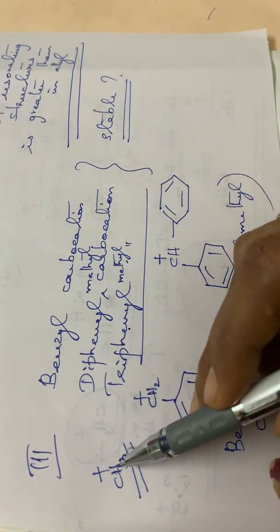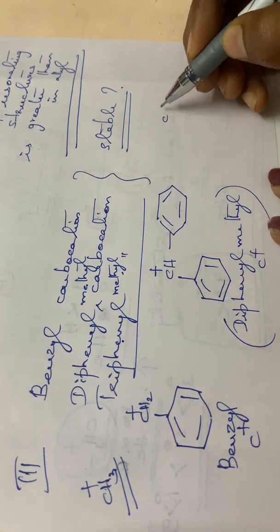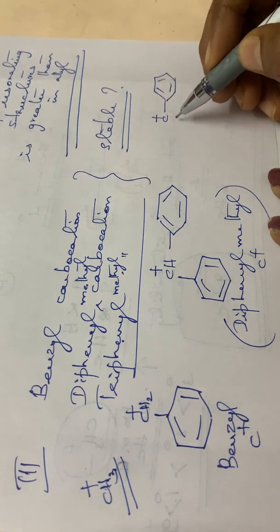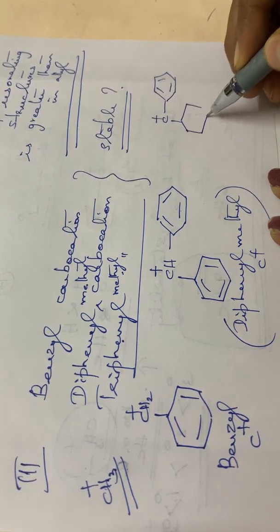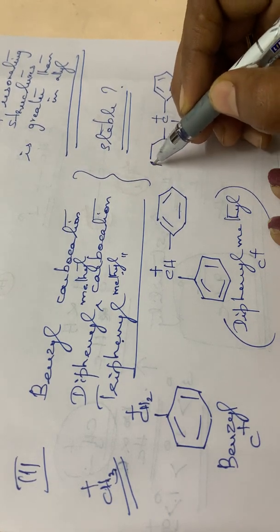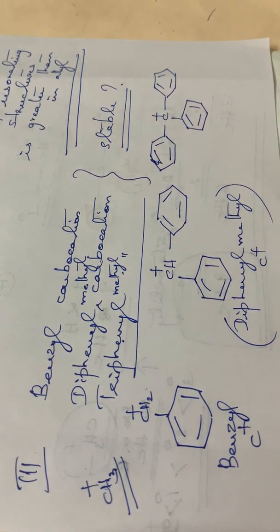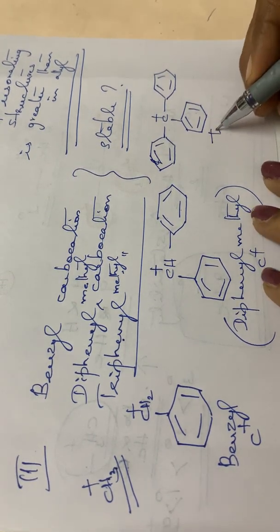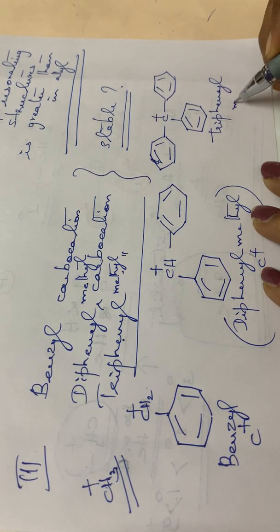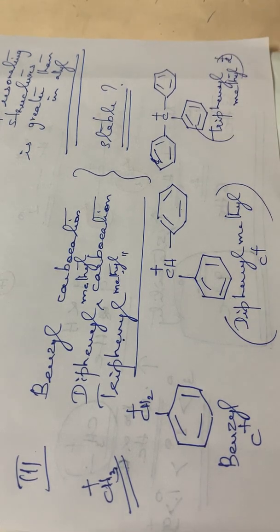All three hydrogen atoms are replaced by three phenyl groups, so it becomes C plus. So this is triphenyl methyl carbocation.